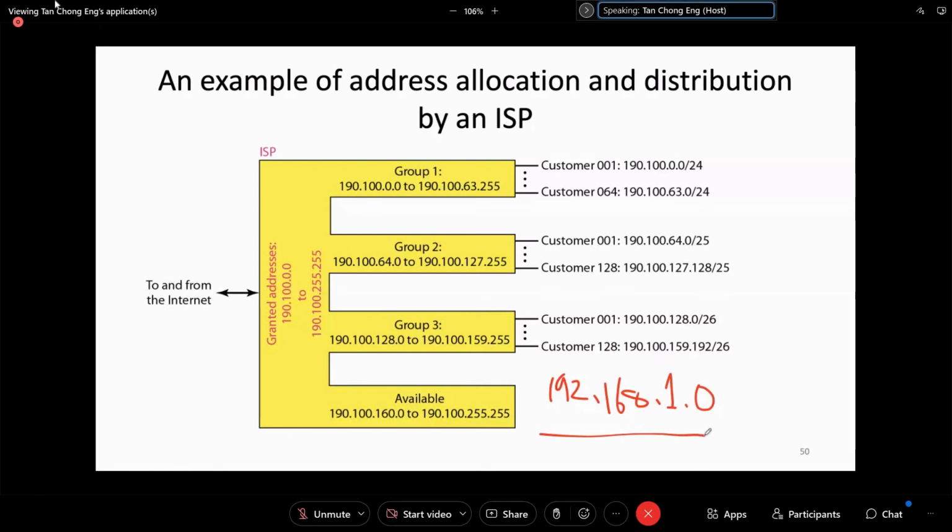So inside this network, you can have 192.168.1.1, then .2, and .3, all the way until 254. So these are the unit addresses.